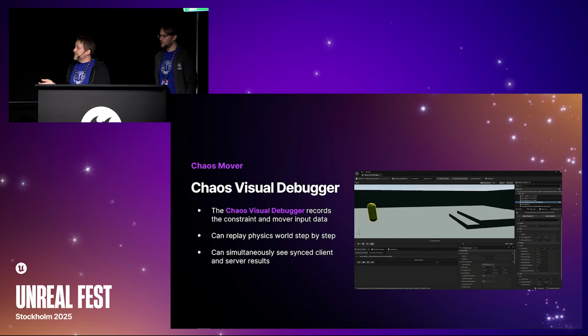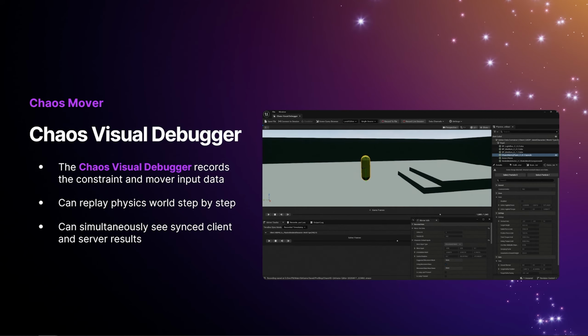This is really useful if you're having client and server, where you want to check if things are in sync. Because the Visual Debugger records both client and server, and you can inspect the same tick, you can look at the input: was the input applied on exactly the same frame on the client and server? What was the output of the simulation? Did they diverge? Was there a desync? So this is really useful.